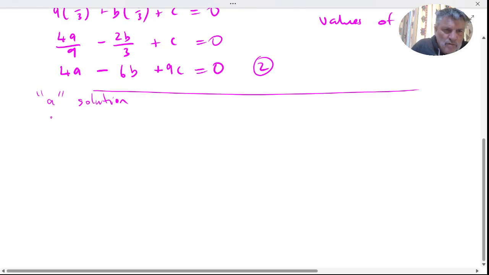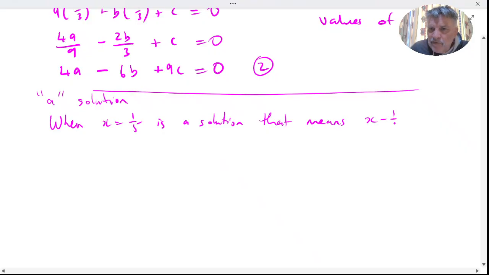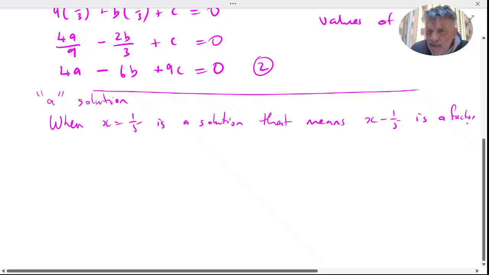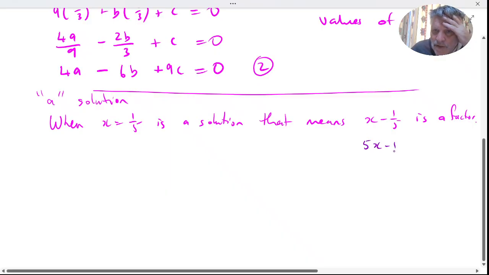So when x equals 1 over 5 is a solution, that means x minus 1 over 5 is a factor. Actually, if you multiply through by 5, you could rewrite this factor as 5x minus 1.